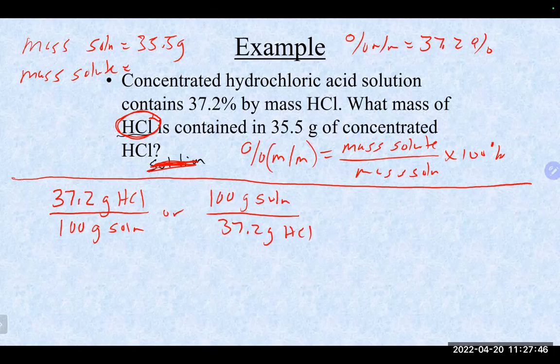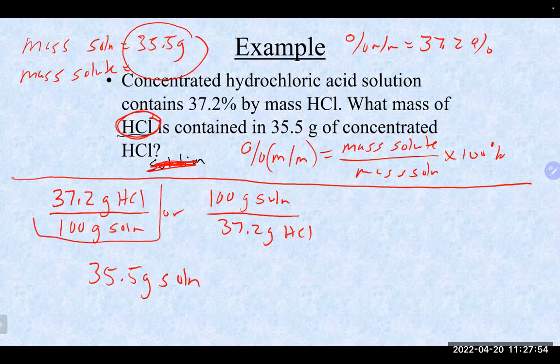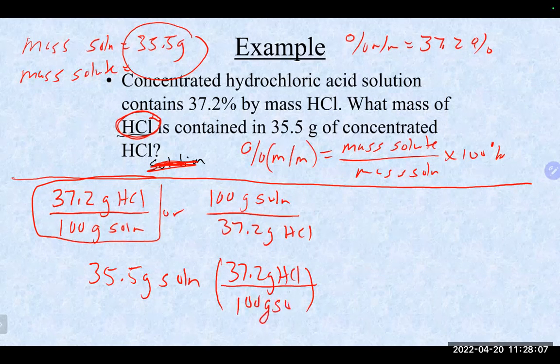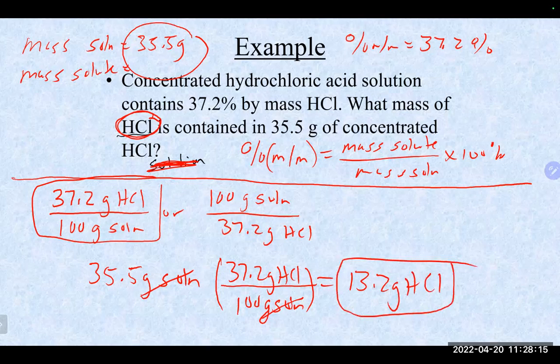Since I know the mass of the solution, I can take the 35.5 grams of the solution and use the conversion factor 37.2 grams of HCl over 100 grams of solution. Grams of solution will cancel, and I believe 13.2 grams of HCl is what you should end up with.